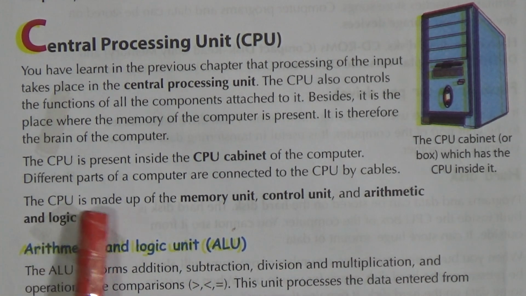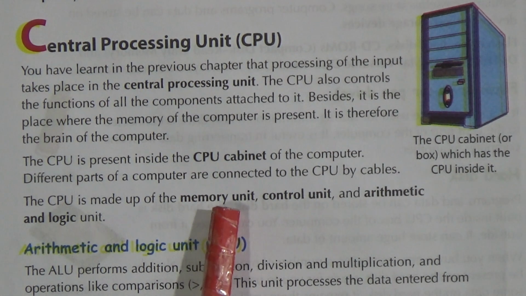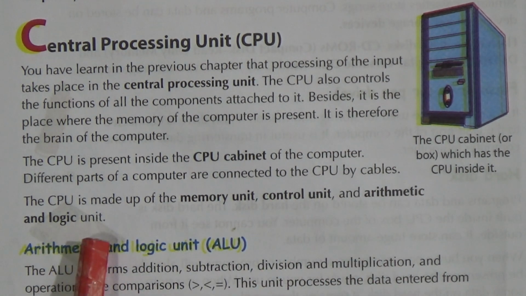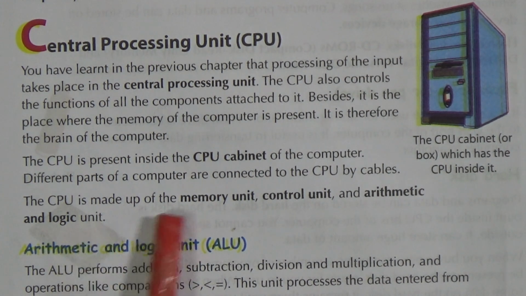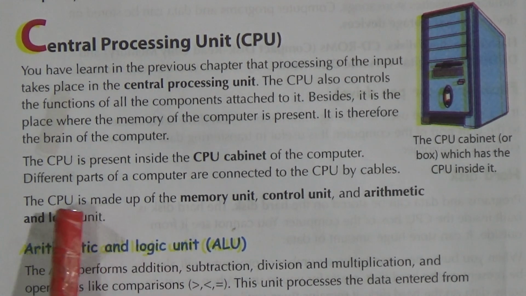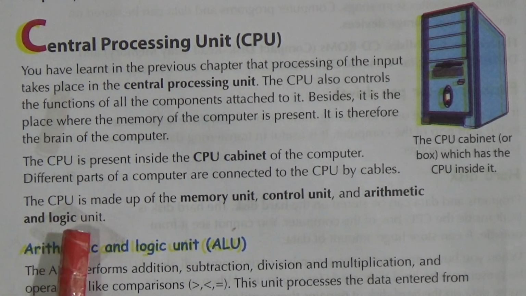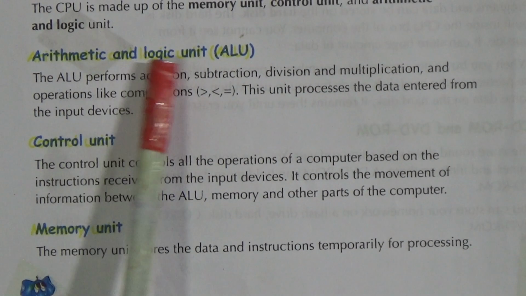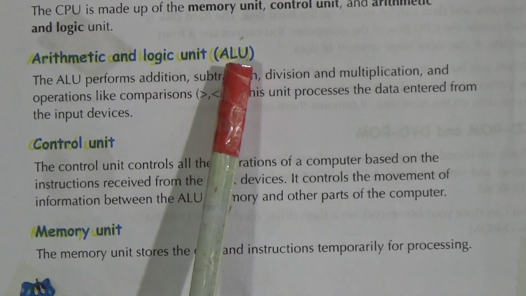The CPU is made up of the memory unit, control unit, and arithmetic and logic unit. So, there are different other units inside the CPU or Central Processing Unit. Now, let's look at the units in detail. Arithmetic and Logic Unit or ALU.